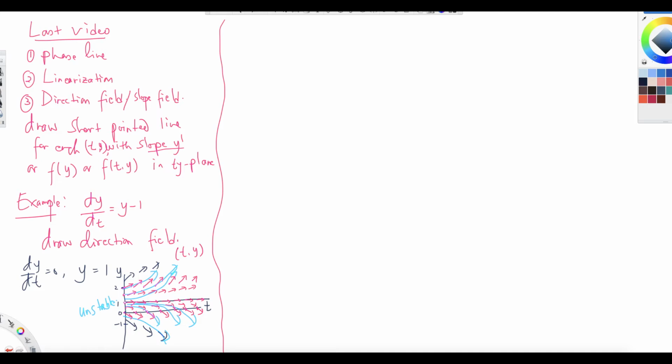You see that at every horizontal line the slope is the same. At y equals 1.5, the slope is positive 0.5. At y equals 2, the slope is 1. Similarly, at y equals 0, the slope is -1.